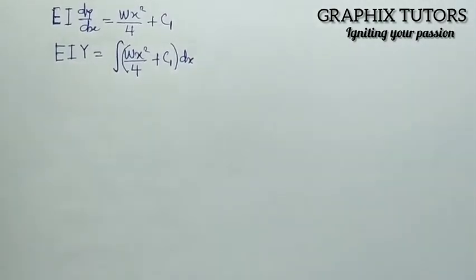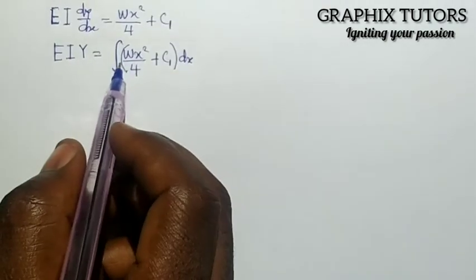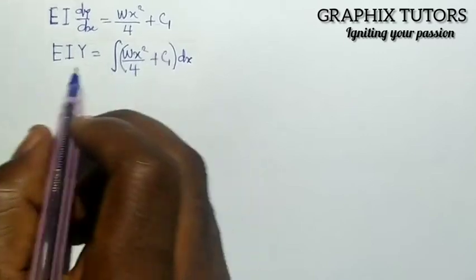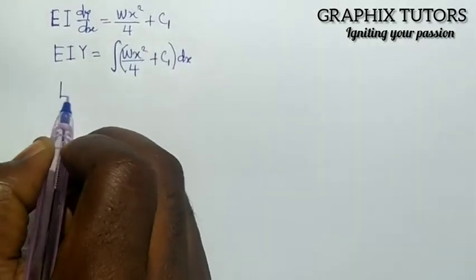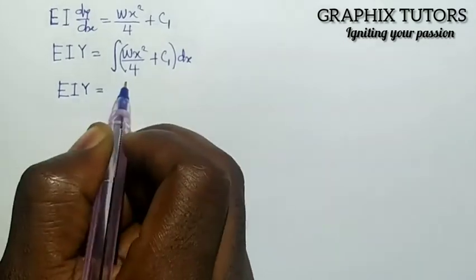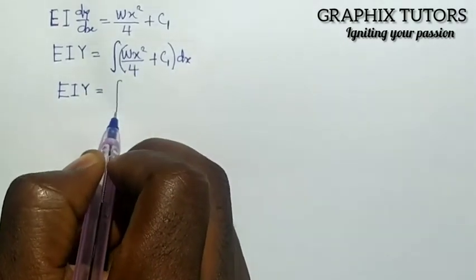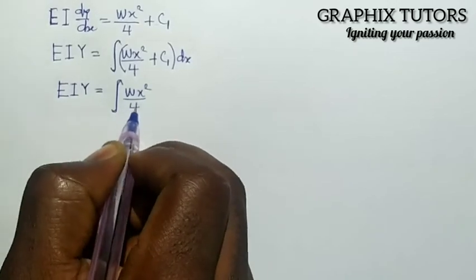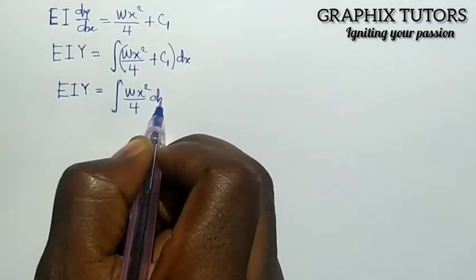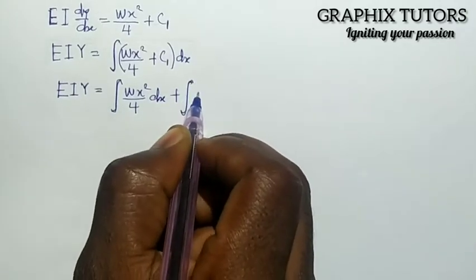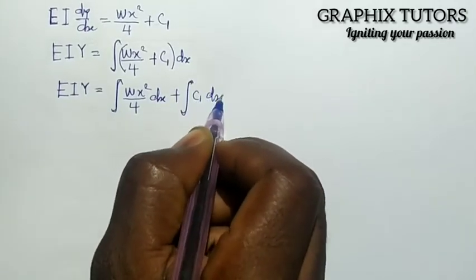dx. Now from here, if I open the bracket, the EI y will give me the integral of wx square over 4 dx plus the integral of c1 dx.